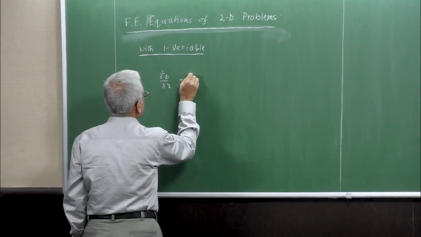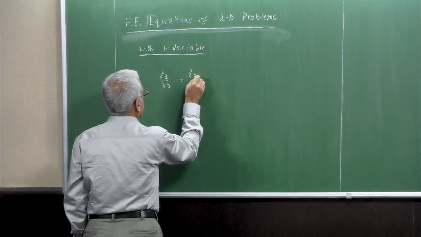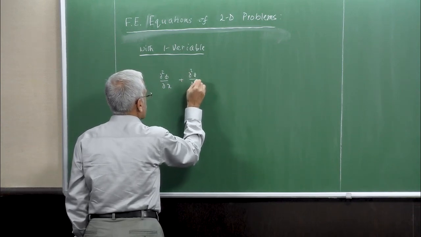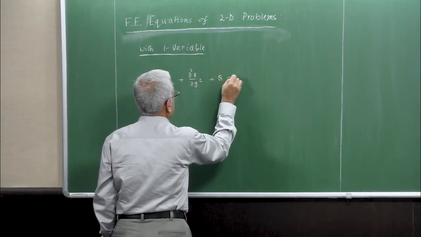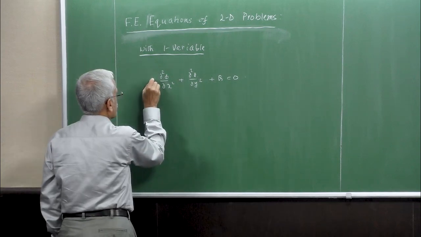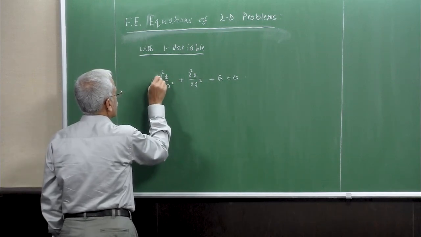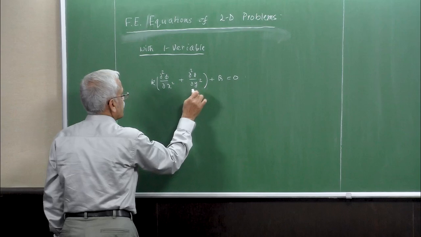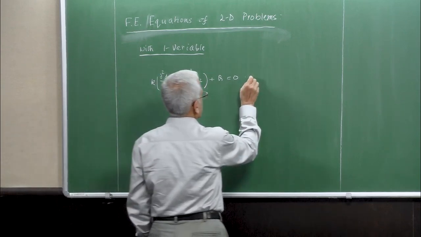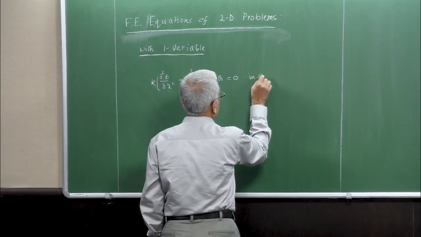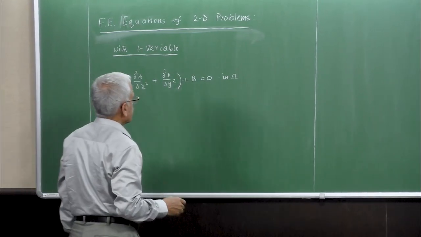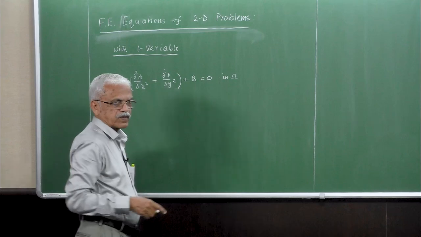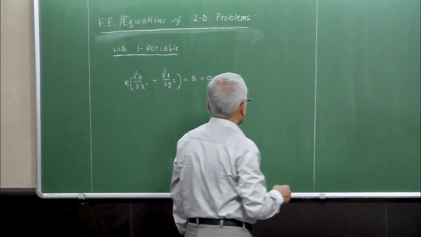So a typical example of this is the Poisson's equation which I'm taking, wherein it's a second order partial differential equation.